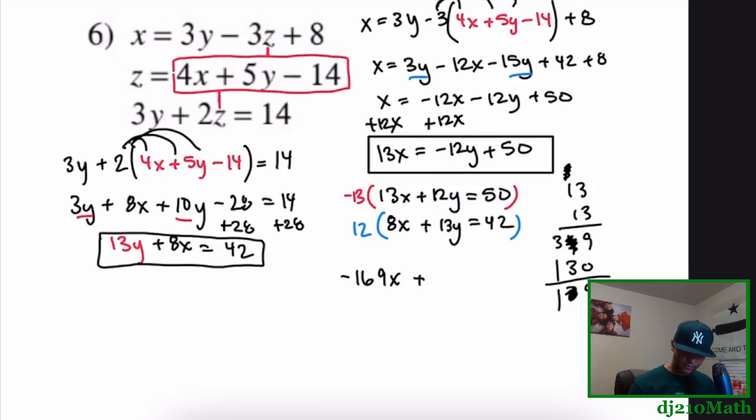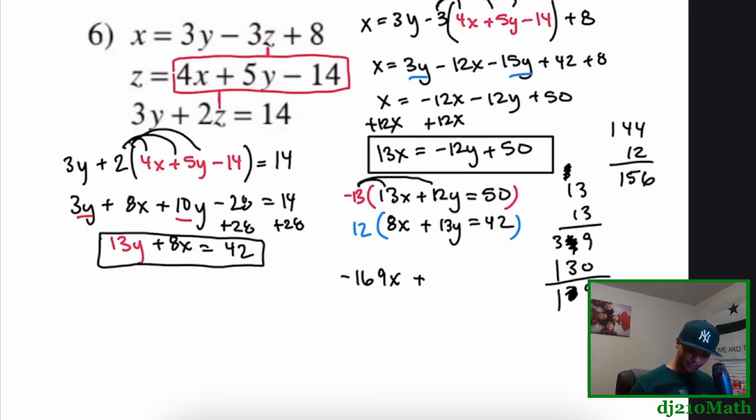Well, 12 times 12 is 144 plus 12. 156. Right, because 13 times 13 is negative 169. 13 times 12 is 156, right? 12 times 12 plus another 12. That's basically what I just did right here.